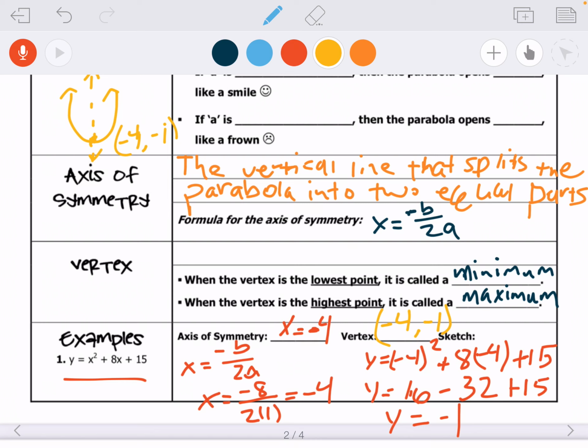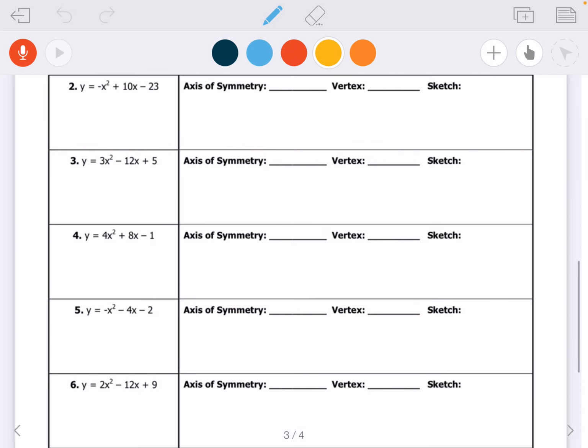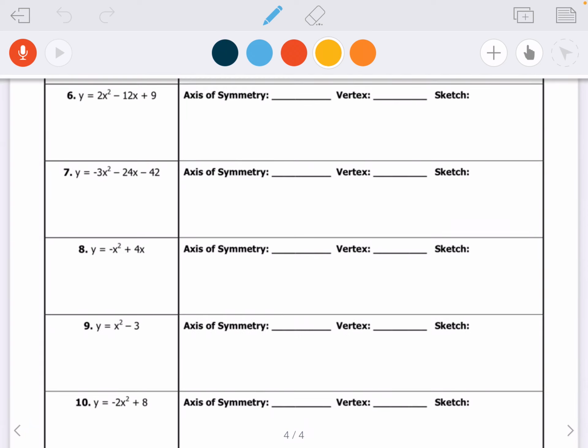All right, I'm going to do one more example with you. I'm going to jump to problem number 7. So again, we have x equals -b over 2a. In this case, our b is already negative, so we have -(-24). That's going to be a double negative over 2a.